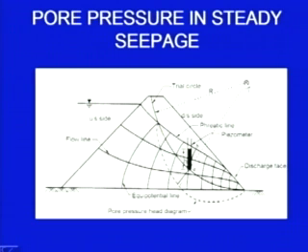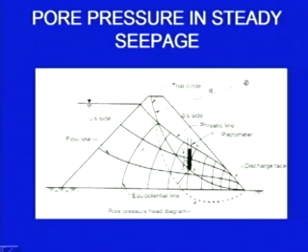This is the center of the trial circle, this is the radius, and here it is the trial circular failure surface, and we want to calculate the pore pressure at different points, or the distribution of the pore pressure along this failure surface.